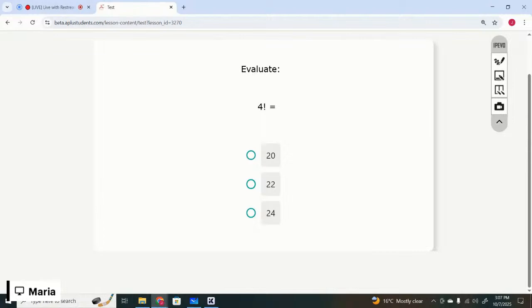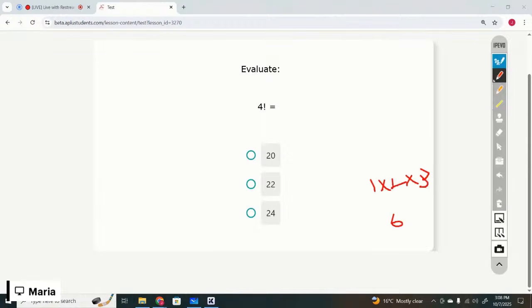4 factorial. So you need to multiply all the numbers between 1 and the given number. So 1 times 2 times 3 times 4. 4 times 3 is 12 and 12 times 2 is 24.